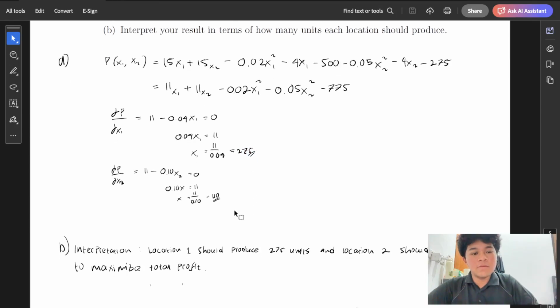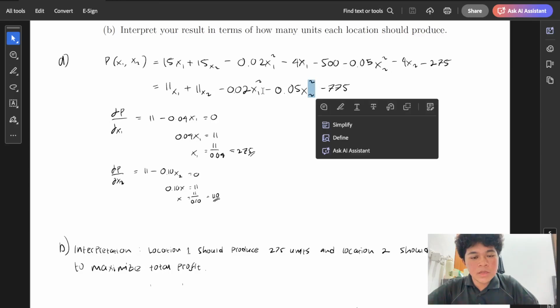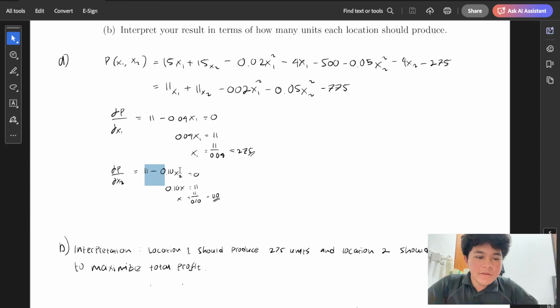And for x2, with respect to x2, it's almost the same, but this moves forward to become minus 0.10. Let's just treat x2 as y. So we will get this equation.